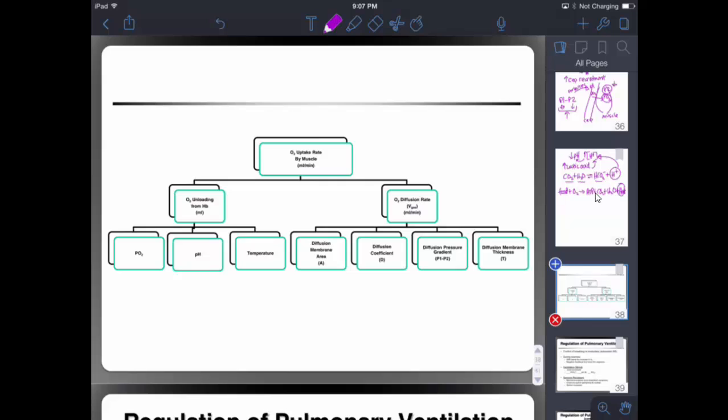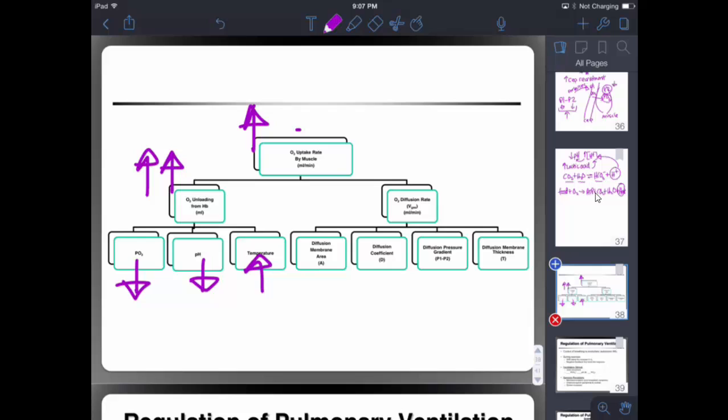Alright, also what we see during exercise is a greater oxygen uptake rate because we have greater oxygen unloading from hemoglobin. The reason we have greater oxygen unloading from hemoglobin is because we have a lower PO2 in the plasma, we have a lower pH, and we have a higher temperature, and all of those three things contribute to greater unloading.